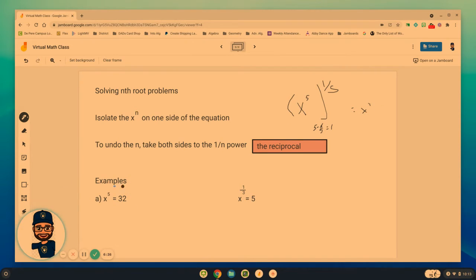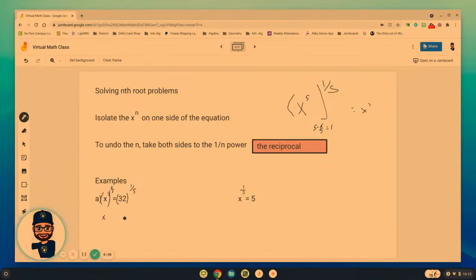So if I look at this example, x to the 5th equals 32, to get x by itself I raise it to the 1/5 power, but the golden rule in math is whatever I do to one side, I have to do to the other, so 32 to the 1/5.